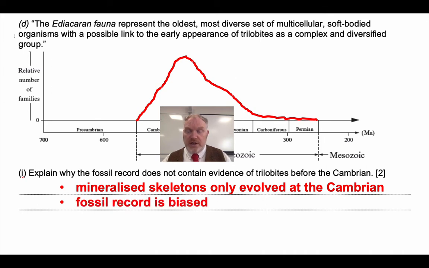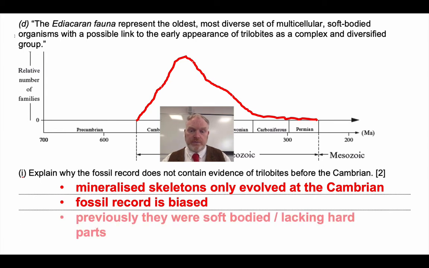The fossil record is biased. If organisms have hard parts, they stand a far greater chance of being preserved than if they don't. So if we had soft bodies before that, preservation is extremely unusual, extremely rare.